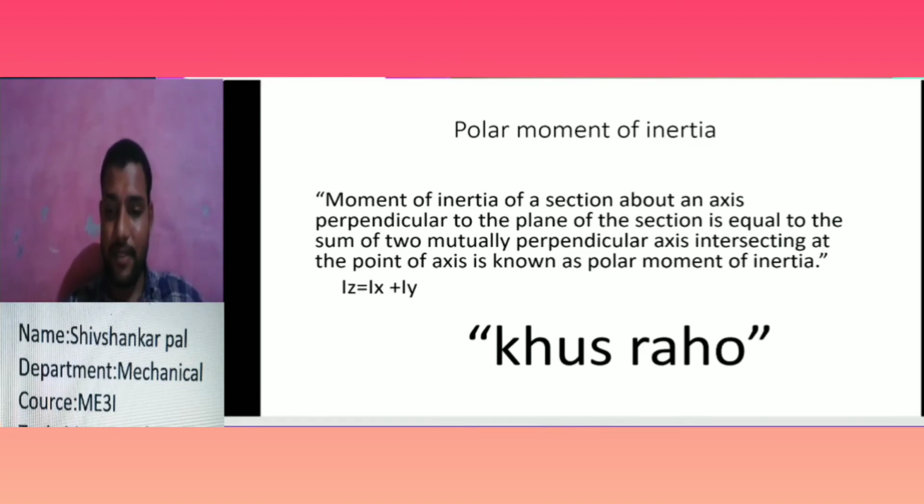Polar moment of inertia. Basically, the polar moment of inertia of a section about an axis perpendicular to the plane of the section is equal to the sum of the moments of inertia about two mutually perpendicular axes intersecting at the point of the axis.